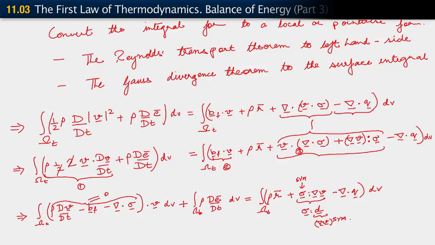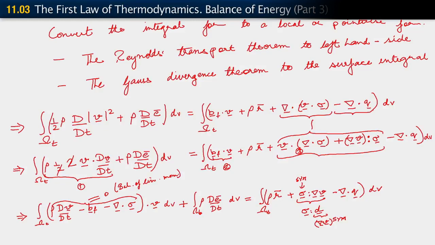So the reason this drops away is balance of linear momentum.